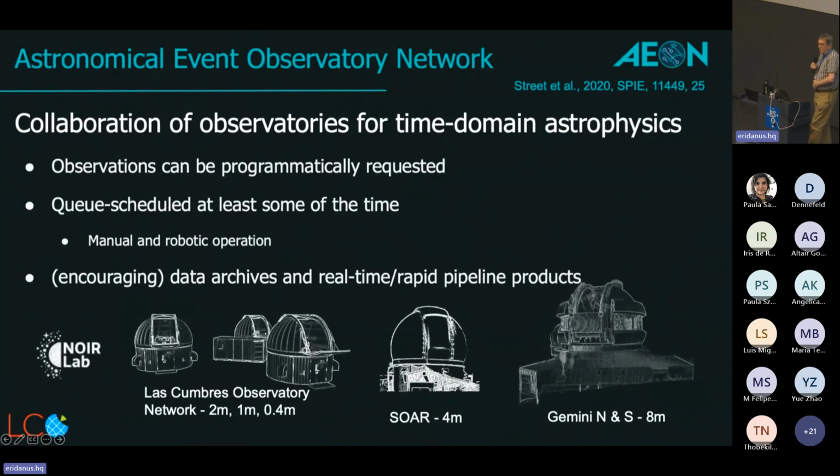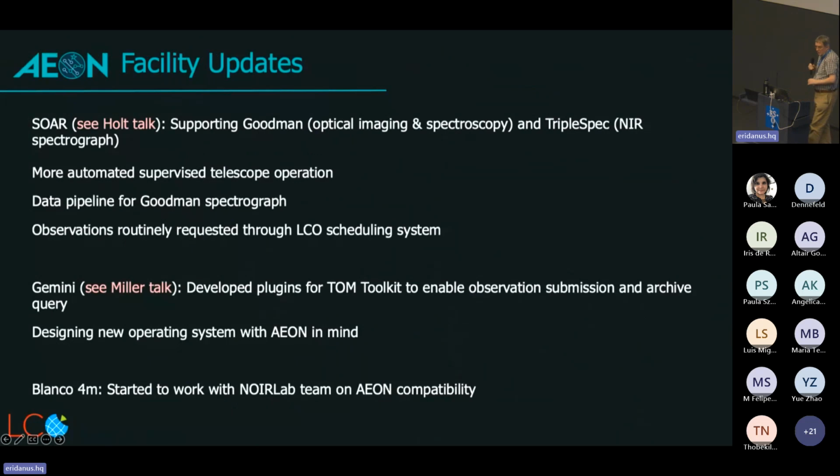Currently, AEON consists of the Las Cumbres Observatory Network, the SOAR 4-meter telescope, which Carrie will tell you more about shortly, and the Gemini observatories, which Brian will tell you about. So SOAR, we're currently supporting the Goodman imaging and spectroscopy instrument, and have recently added TripleSpec, which is a near infrared spectrograph.